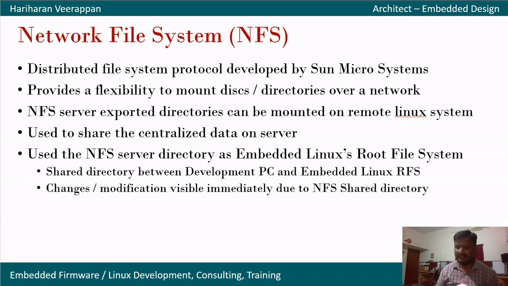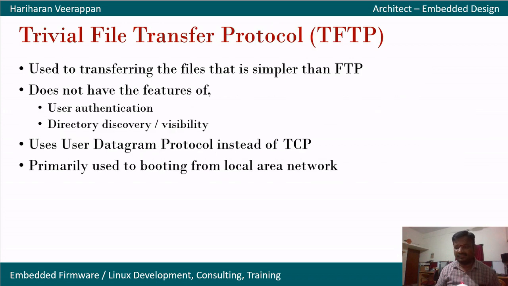And the next one, we will be having the TFTP protocol. The TFTP protocol is used for transferring files, and is simpler than FTP. It is a lightweight FTP which can be used in case you do not need any user authentication, and do not need any directory to be discovered and made visible to the client. In those cases TFTP can be used.